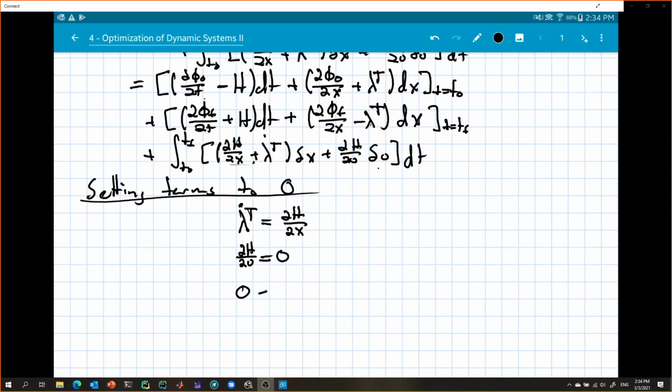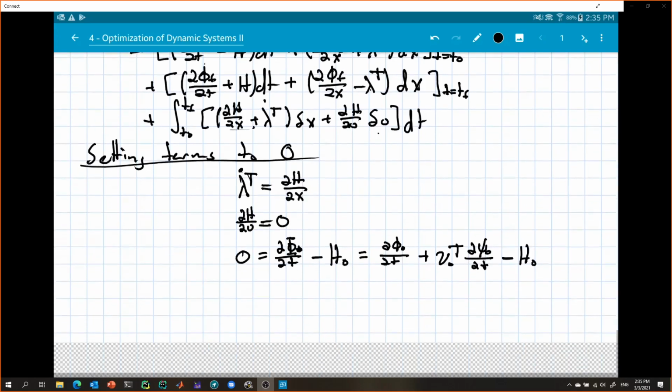So we have equal to 0, the partial of this combined adjoined initial cost minus the Hamiltonian at time 0, which, if we unpack that adjoined, just so we see everything, we get the initial cost, the partial of that with respect to t, plus nu naught transpose times the partial of the initial constraint, boundary condition, with respect to t, minus the Hamiltonian evaluated at the beginning.